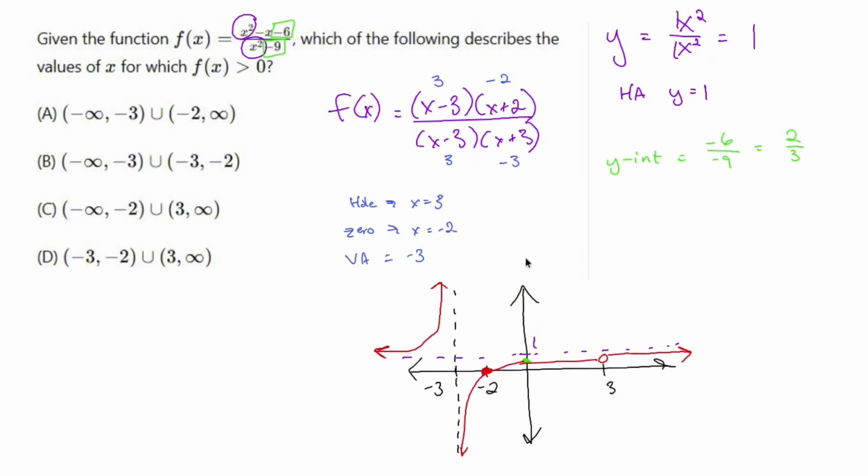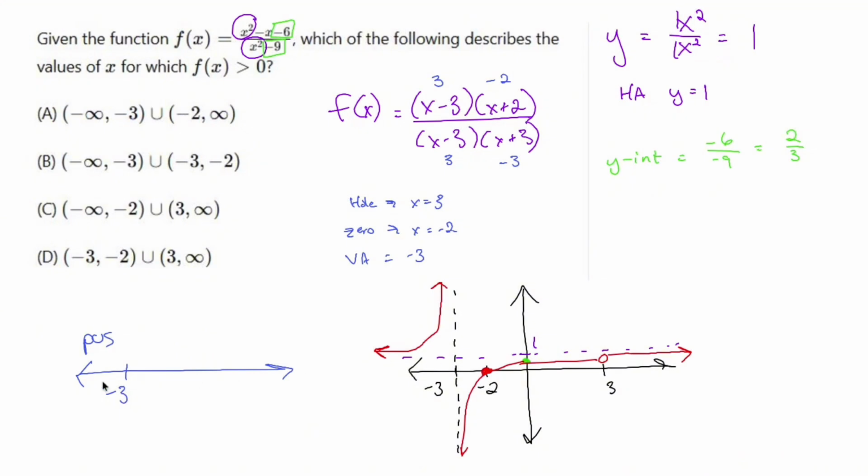Now what I'm supposed to do is find out where this is greater than 0. Okay, so this is going to be greater than 0 here. It's going to be greater than 0 all the way up until negative 3.